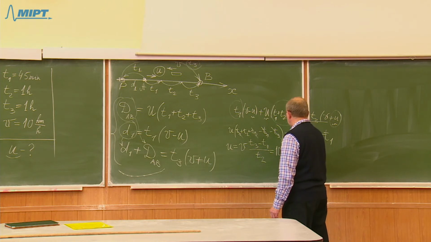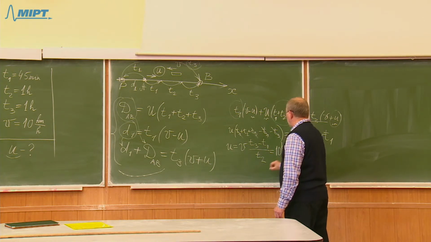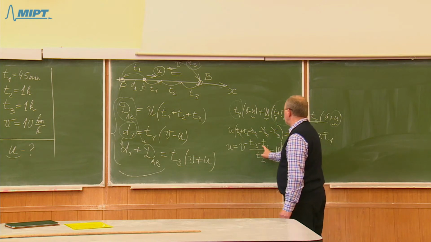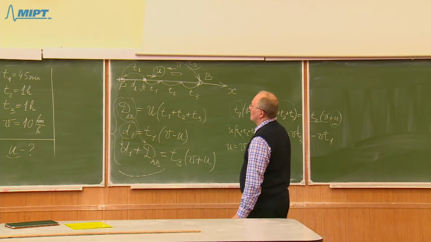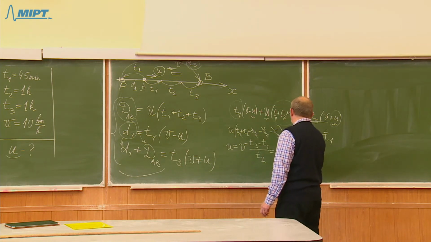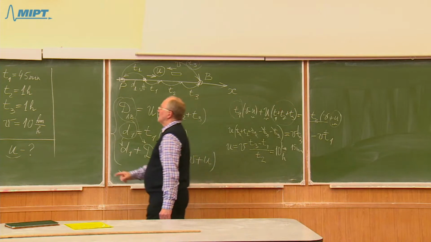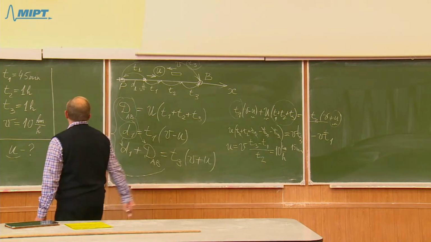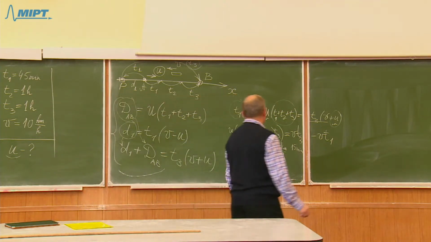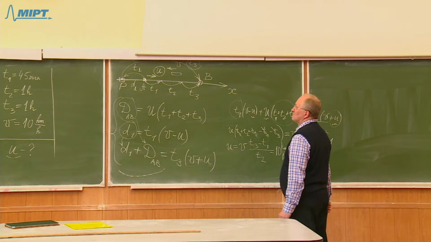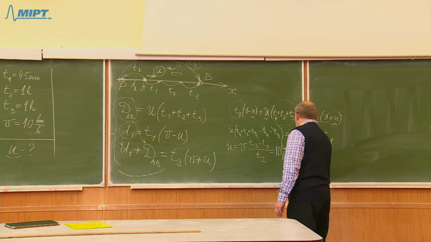That is 10 kilometers per hour, which is V. T3 minus T1 is 1 hour minus 45 minutes, that is 15 minutes, divided by T2, which is 1 hour, and 1 hour is 60 minutes.